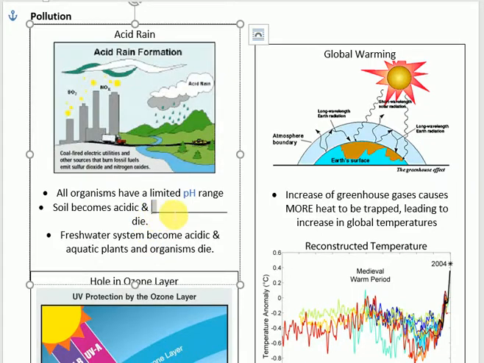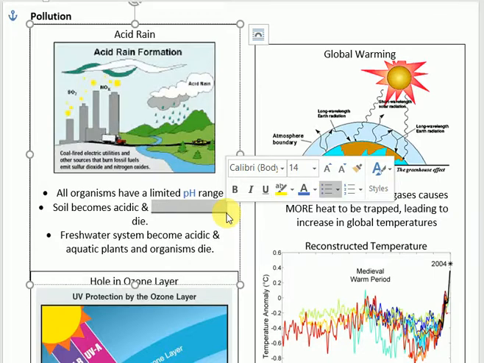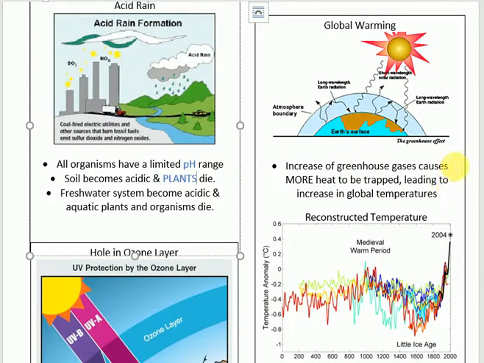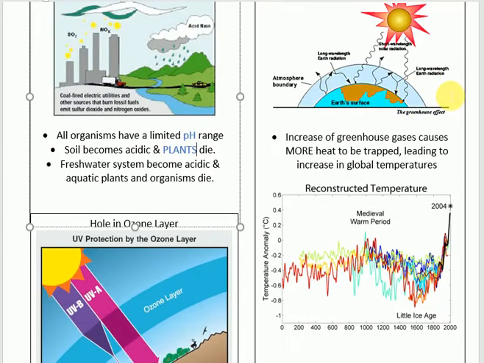So basically what happens is that with all of the burning of fossil fuels, etc., the soil ends up becoming acidic, and then the plants are going to die. And then the freshwater systems become acidic, and then the aquatic plants die, and then organisms die. And then we have global warming. Everyone's heard of that. This is an increase of the greenhouse gases. And basically, because of that increase, it causes more of the heat to be trapped. And then that leads to an increase in global temperatures.